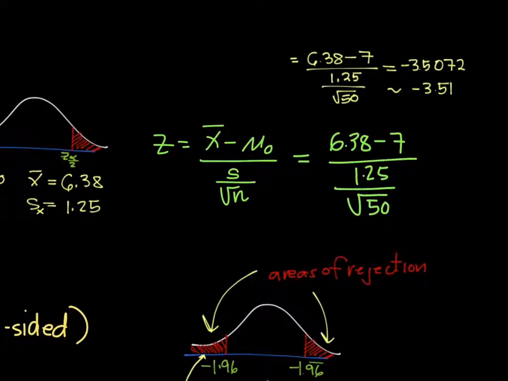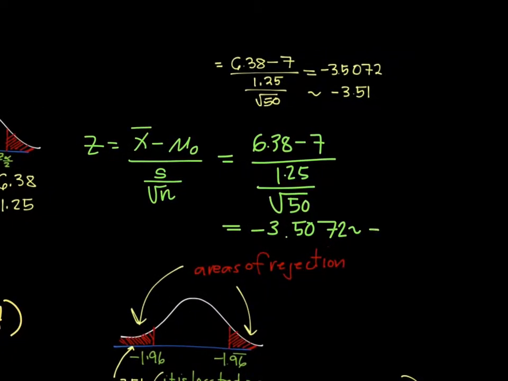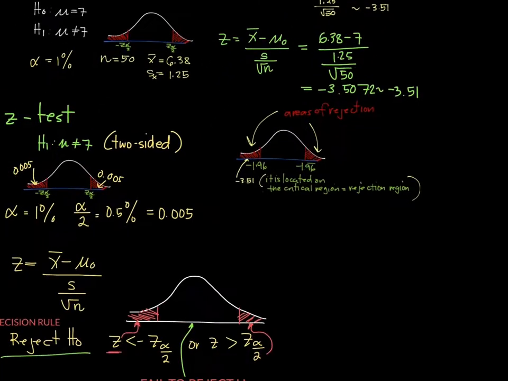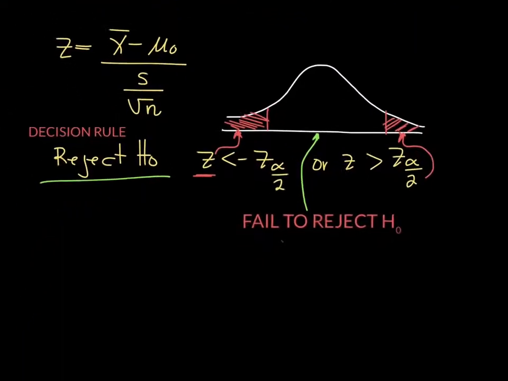This is equal to negative 3.5072, or approximately negative 3.51. With all this information, we can now perform step number 4.